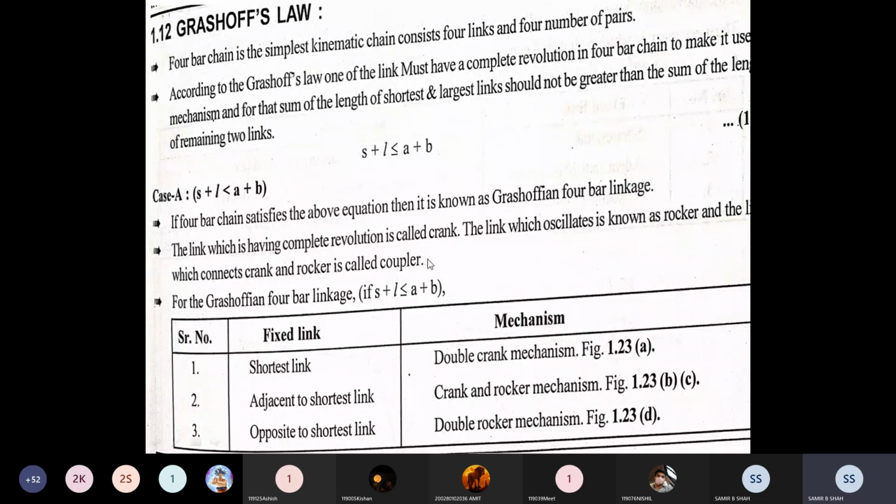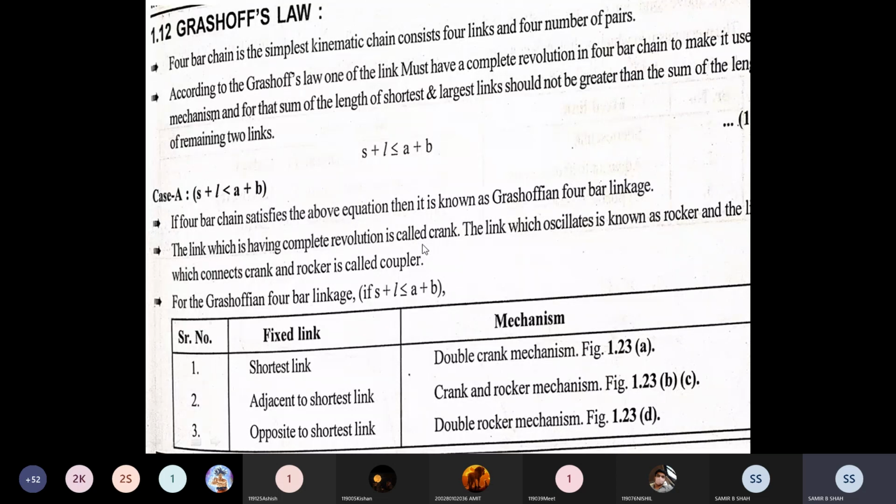You remember that? The link which oscillates is known as a rocker, and the link which connects the crank and rocker is called a coupler.